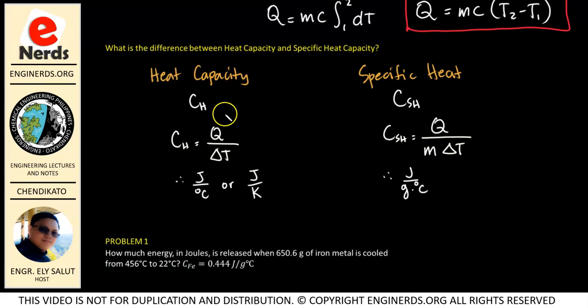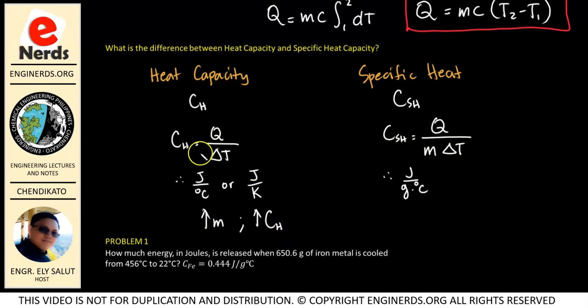In heat capacity, it depends not only on the identity of the substance but also on the mass of the sample. So anong ibig sabihin nun? It means that in here, if our mass increase, okay, so nagkaroon tayo ng pagbabago sa ating mass, in that case, our heat capacity will also increase.